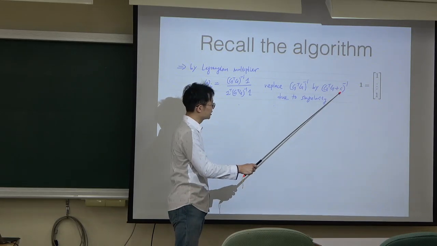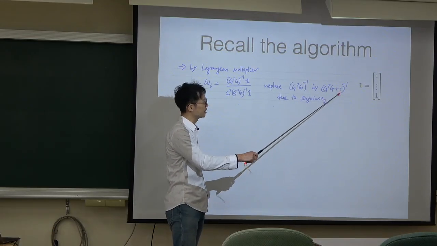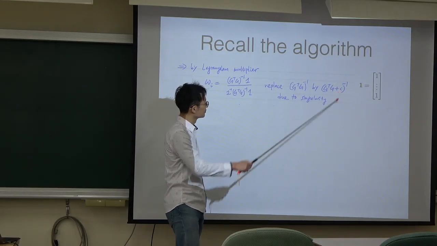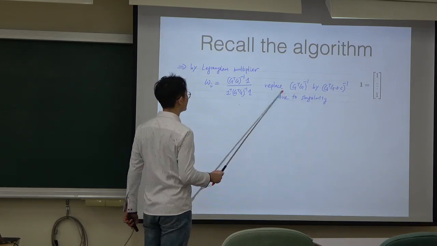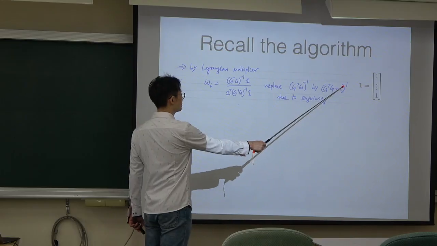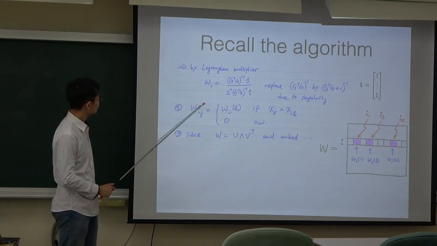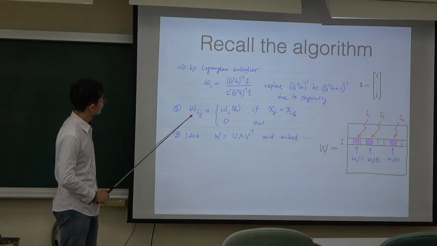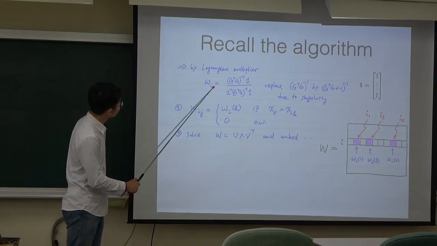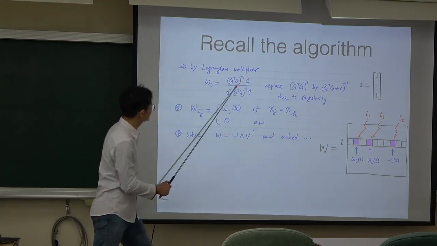So remember the C, which will come back in a bit. This will be the key part that we discuss. Once you replace the inverse of G transpose G by the inverse of G transpose G plus C, you get the final algorithm. You get Wi(k), which comes from this replacement.